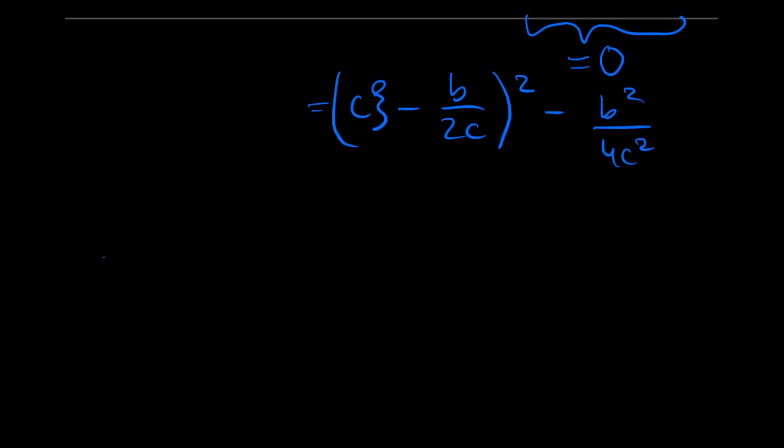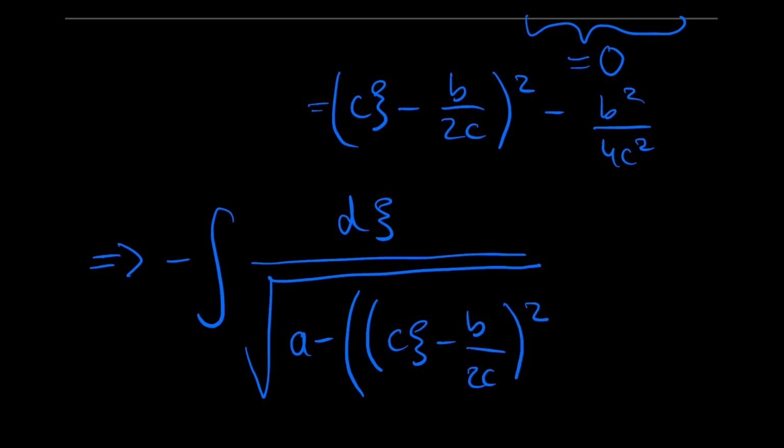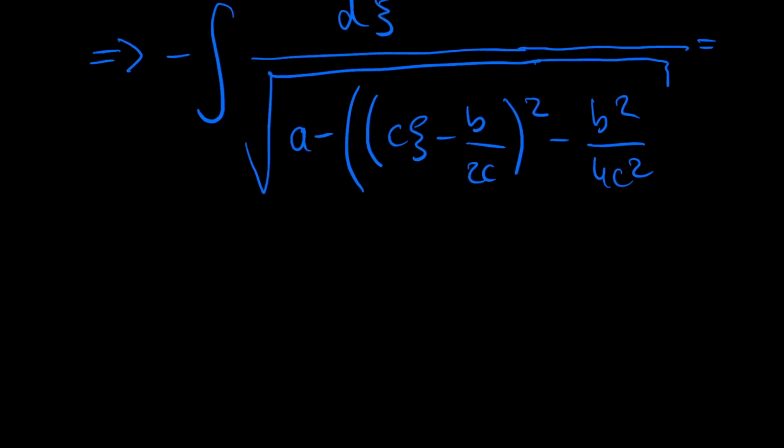So our integral changes to minus the integral of d psi divided by the square root of, and now we have a minus, we open the brackets, we have the first binomial bracket here, which is c psi minus b divided by 2c, squared, and then we subtract the b squared divided by 4c squared, and we close the square root.